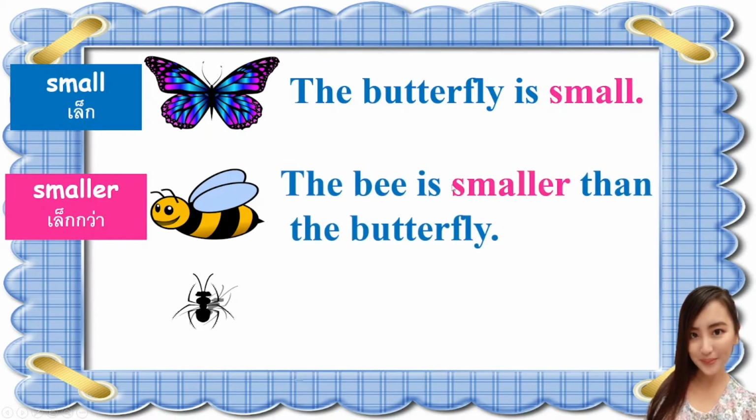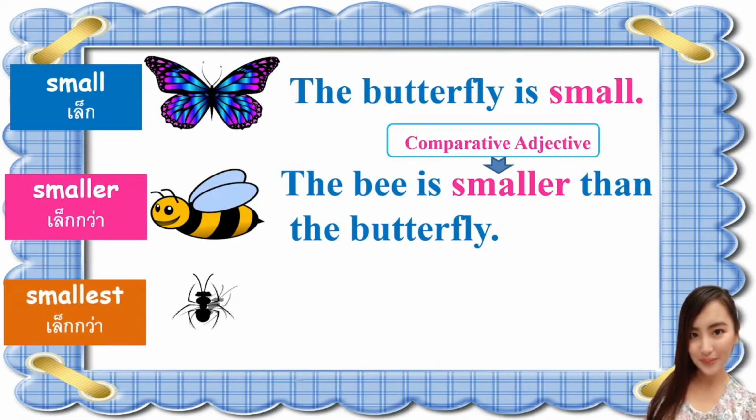The bee is smaller than the butterfly. So in here we compare two, bee and butterfly. That's why we use the comparative form adjectives, which is smaller plus er.